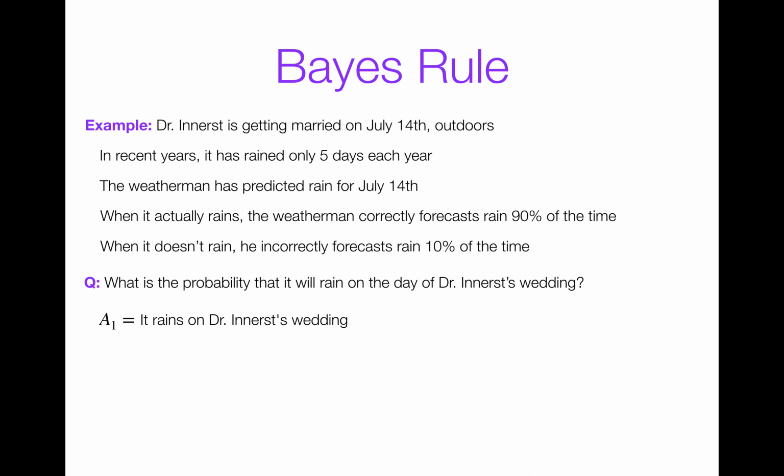I'm going to start by giving some notation here, because again, my notation isn't clear, so I should write it. A1 is that it rains on my wedding day, A2 is that it does not, and B is that the weatherman predicted rain. Now I'm going to write down what I know in the form of probability statements.